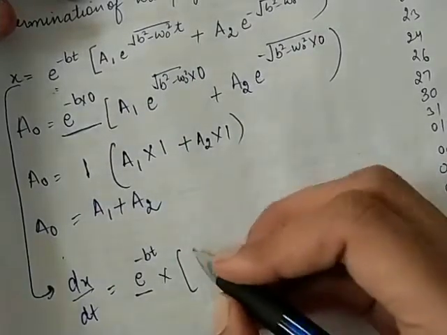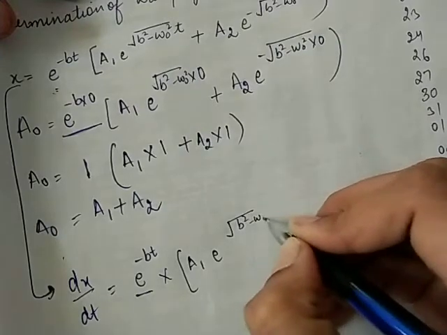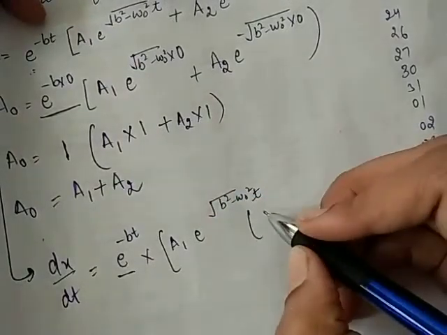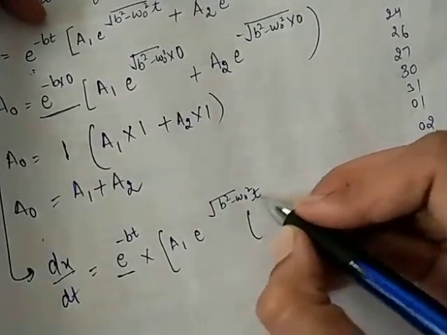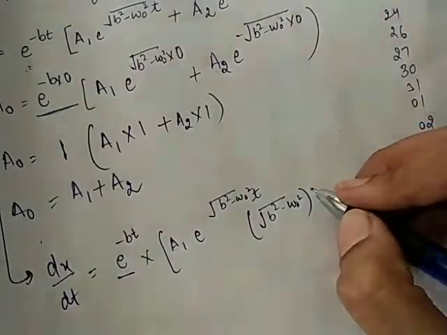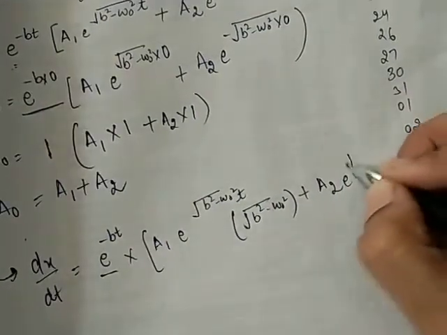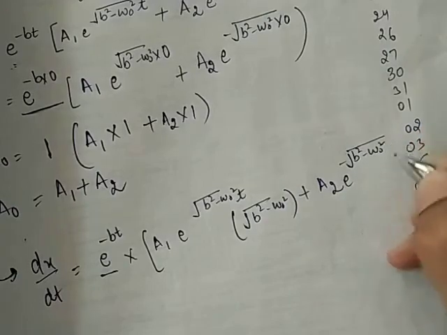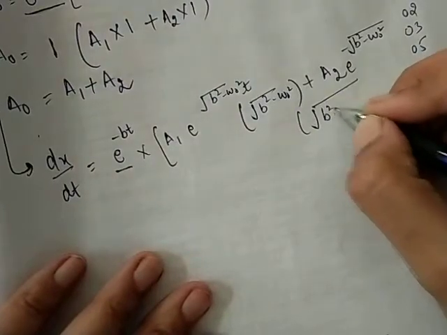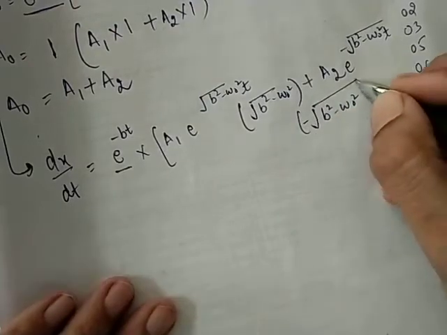So we can write now A1 e raised to power root b square minus omega naught square into t, and here we have root b square minus omega naught square, and on the other hand A2 e raised to power under root b square minus omega naught square, and here we have under root b square minus omega naught square, and it is also t with a negative sign.